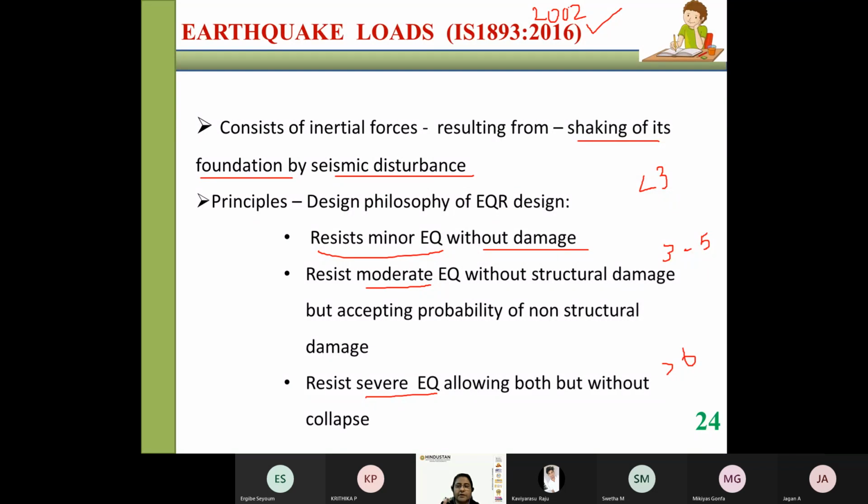Such non-structural damages are allowed in the sense that we can accept them. But if it is a severe earthquake, both are allowed, but without any collapse. If the earthquake is very severe, your building can have structural and non-structural damages, but in any case it cannot collapse. A complete collapse should be prevented.